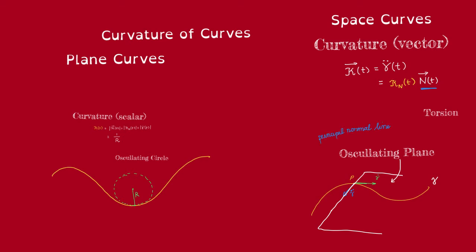We can then define the principal normal line of gamma through P to be the line normal to gamma. Remember, we have a whole plane normal to gamma, so we want the line normal to gamma that lies inside the osculating plane.